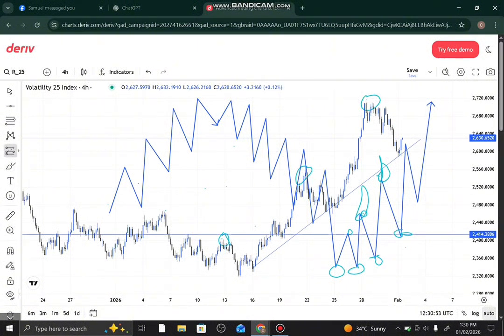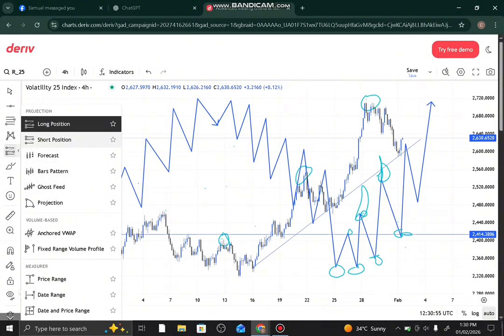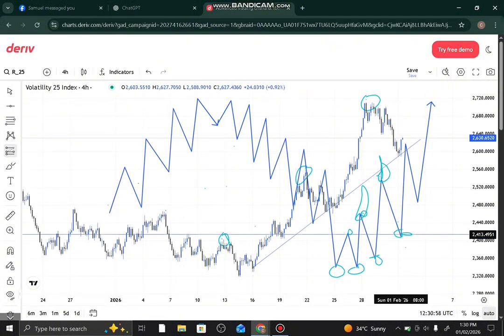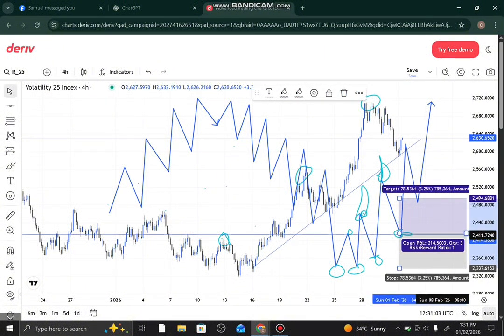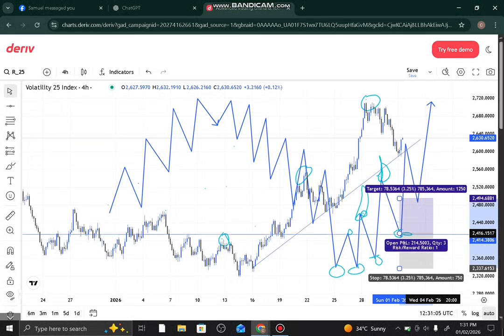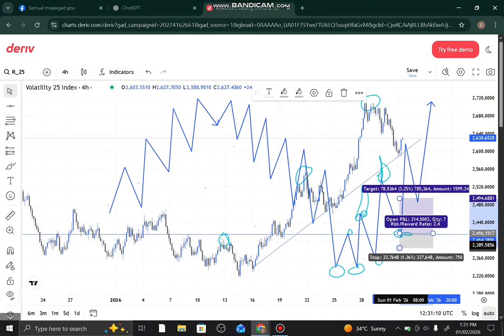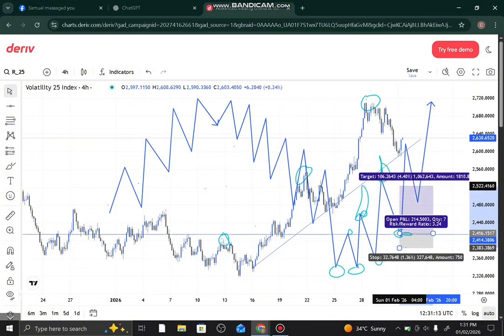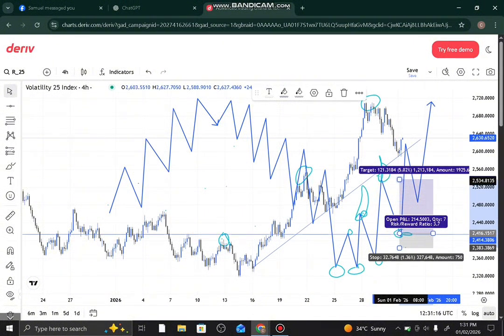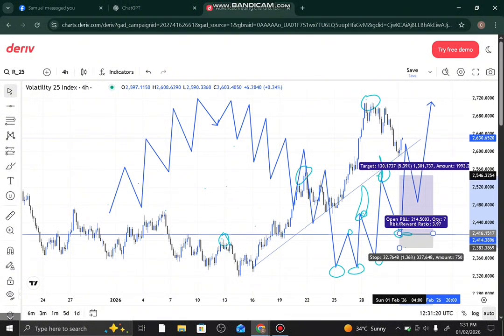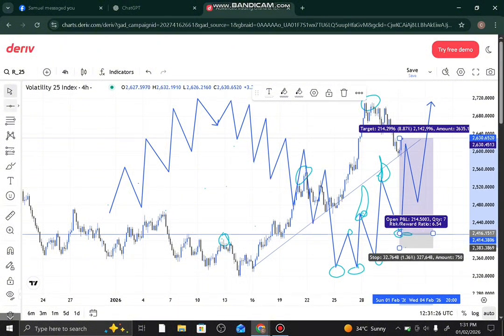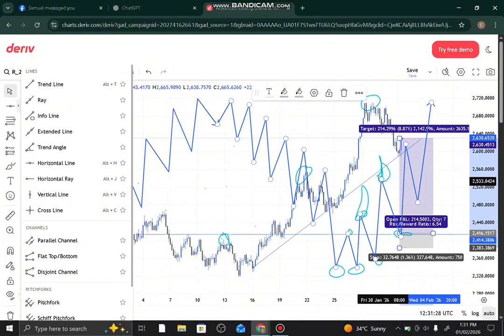Let me take my long position. So from this level now you can have a sweet entry. I want you to see it. Can you see that from this level you can have a sweet entry, and you target your TP at this level, 25360, up around this high?